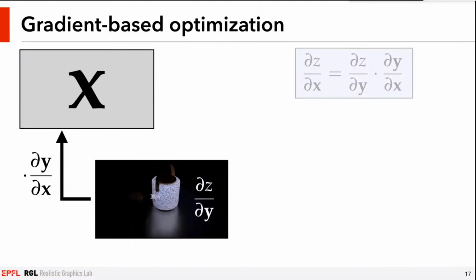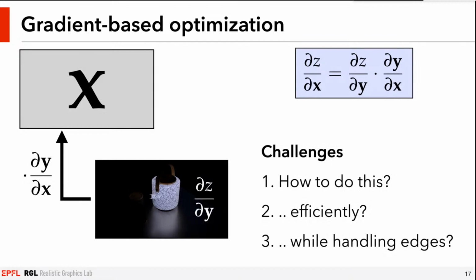But because rendering is a very global process, that also has indirect effects on other parts of the scene. And so here we also want to optimize the reflection of the teapot in the shiny table that it's sitting on.